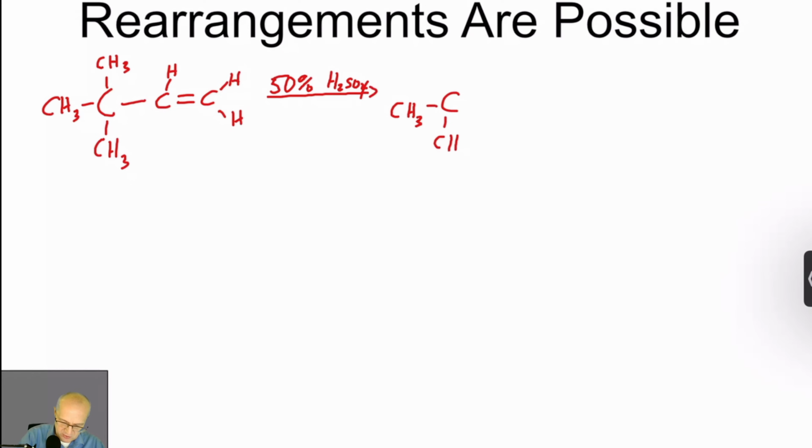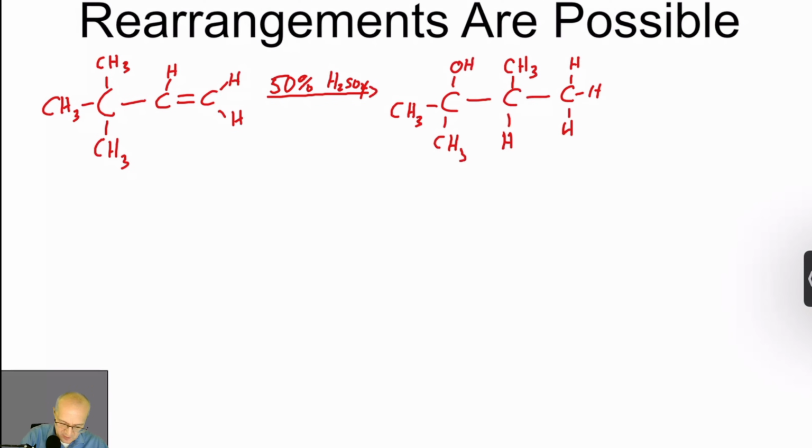Instead you get this tertiary alcohol. You were thinking it was going to be a secondary alcohol, but it wasn't. Instead, it appears that a methyl group has moved over one carbon. So that's not unexpected in a carbocation creating mechanism.